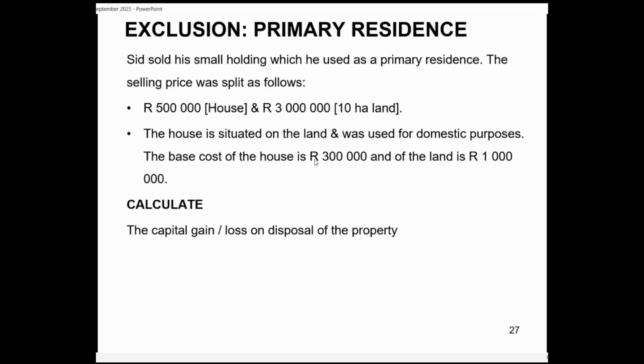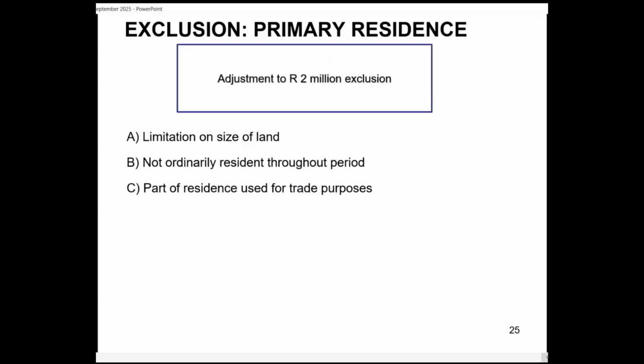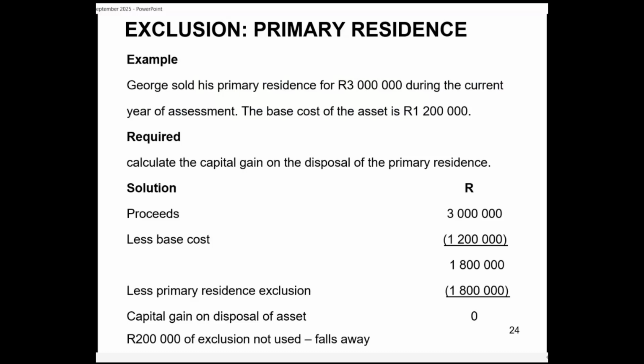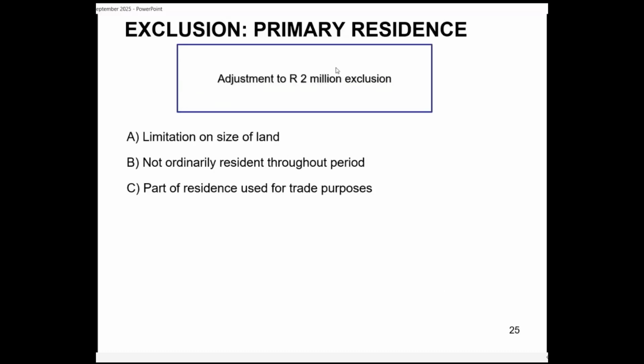The base cost of the house is 300,000 and the land is 1 million. What I want you to remember when we do this question is to try it on your own, and then we will discuss it.